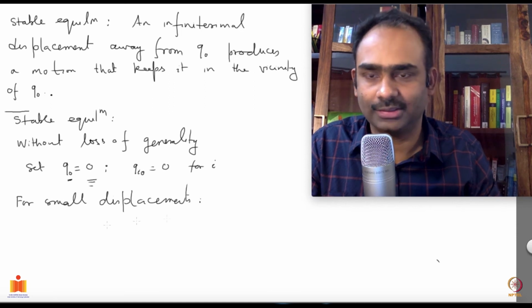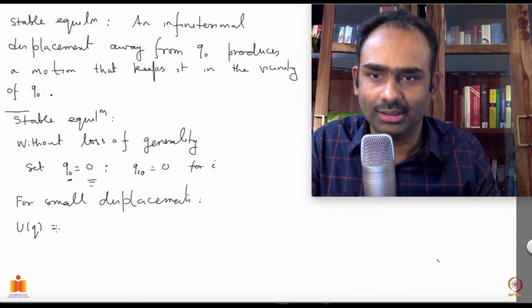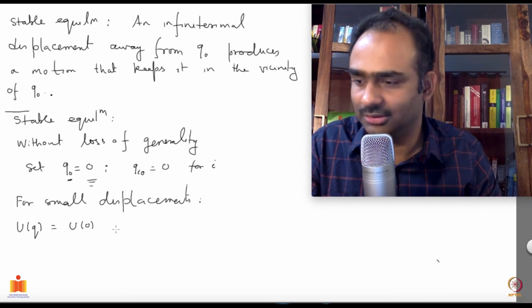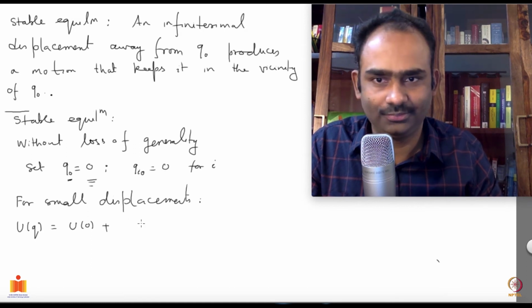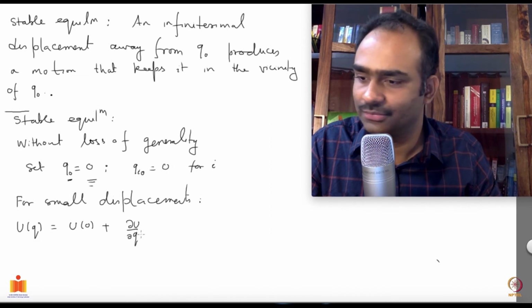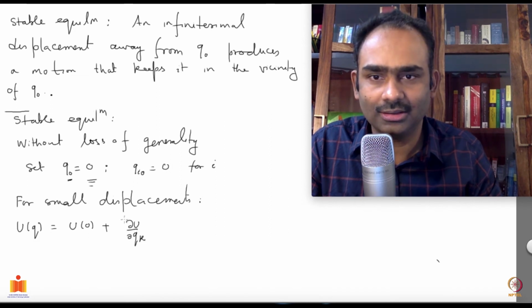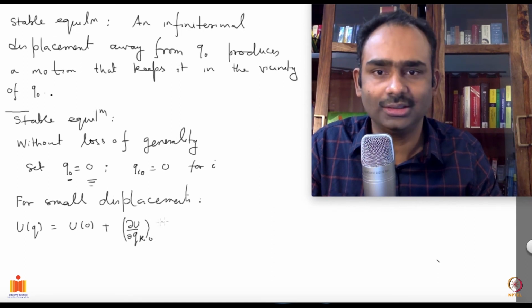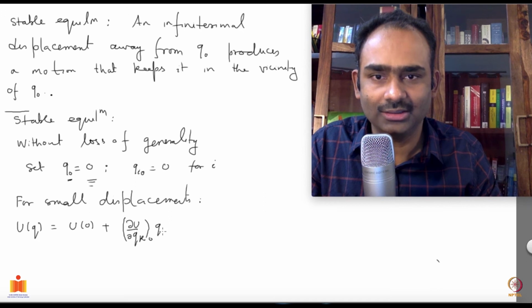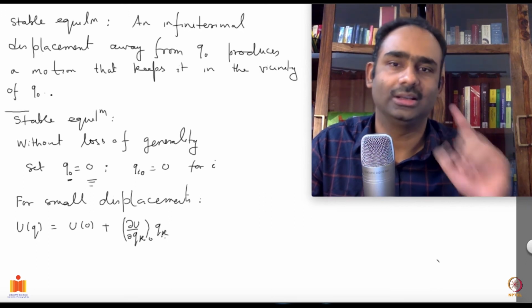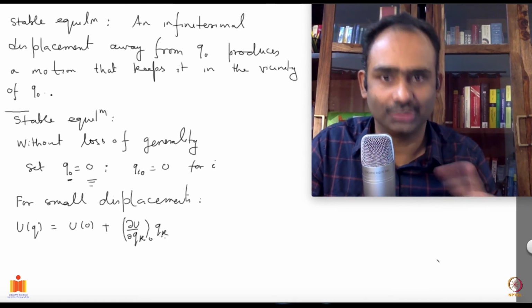So U of q is U of 0, so I'm expanding around the point 0, plus del U over del q_k evaluated at the origin, times q_k. That's the displacement from the origin. q_k is now the displacement from the origin.